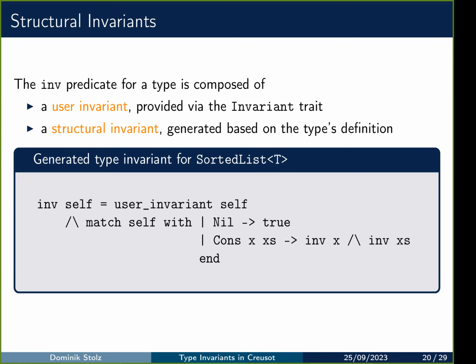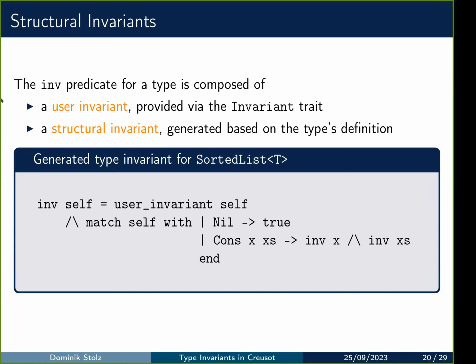So for example, for a sorted list type, which has the invariant that its elements are sorted, the inf symbol would be the user invariant, which says that the elements are in fact sorted. And then the structural part, the thing after the right-hand side of the and here, says that also the elements in the list all satisfy their invariants.